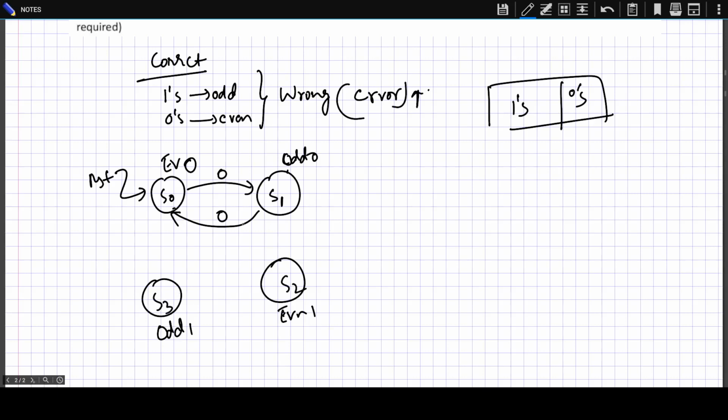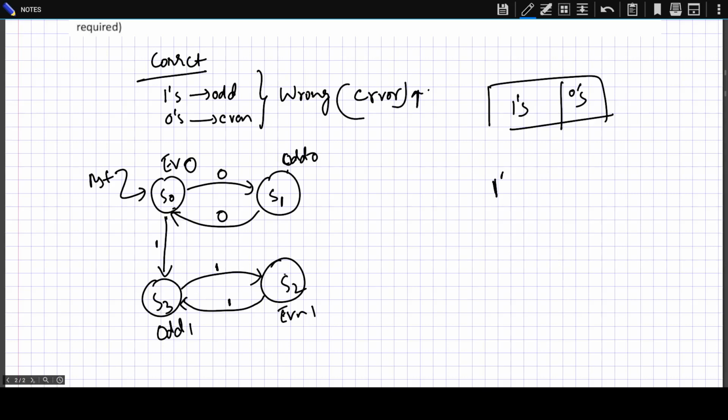Now from here, if we get the first one, it is an odd number of ones. So if we get a 1, we move to the odd ones state, and from here, if we get another one, we move to the even ones state. So I get a 1, and then I get ones consecutively, and we shift between these two states, odd ones, even ones.